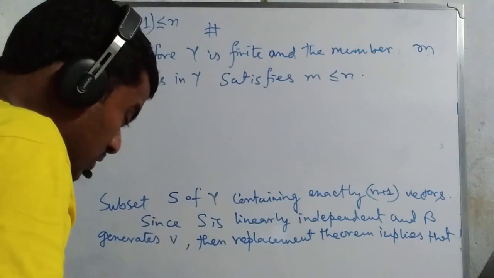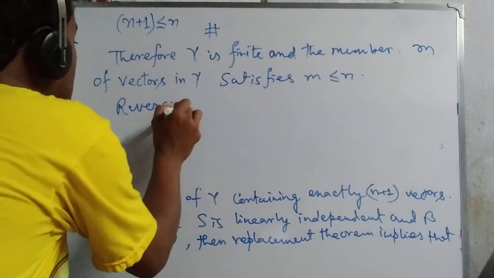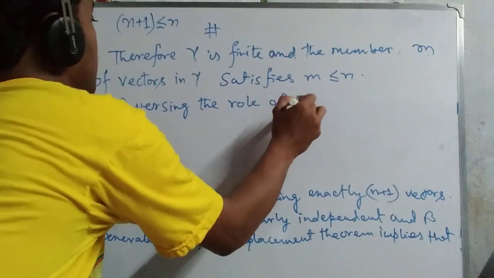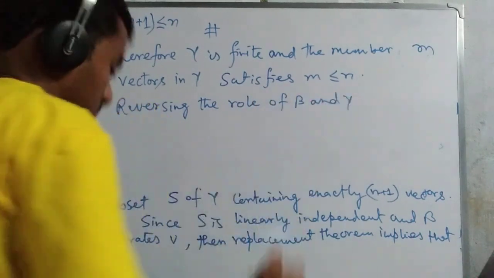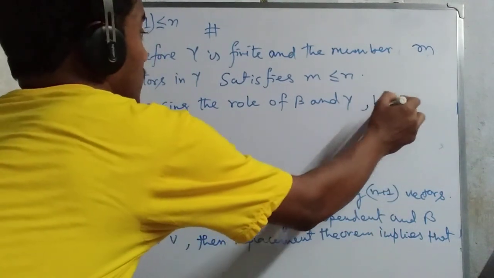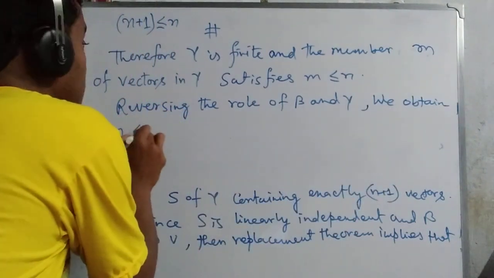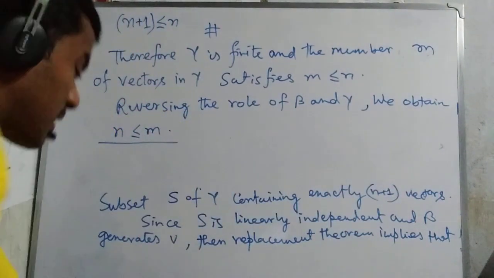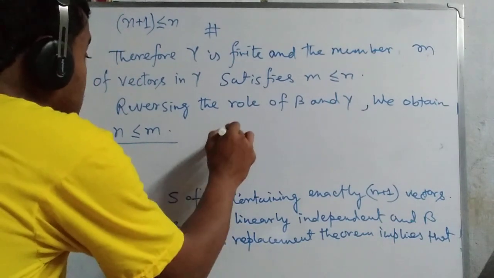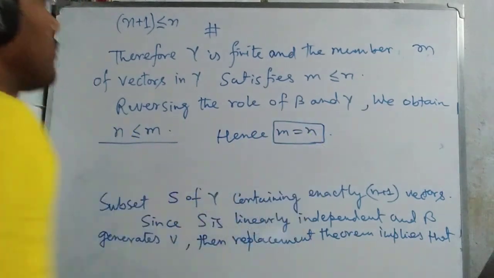Reversing the roles of beta and gamma, we obtain n less than or equal to m. So hence m equals n. Understood?